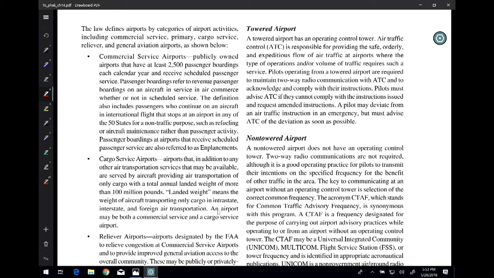If you're arriving at the airport, you definitely want to make sure that you announce your intentions at least 10 nautical miles away from that airport, and that as you get in, you're giving periodic position reports. You are not jamming the airways with chatter, but you are giving your position reports, especially if there are other potential conflicts around that pattern that you can hear.